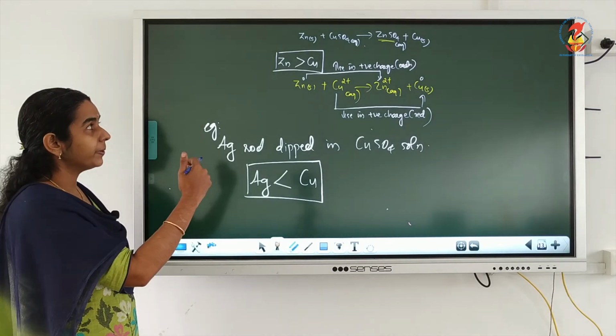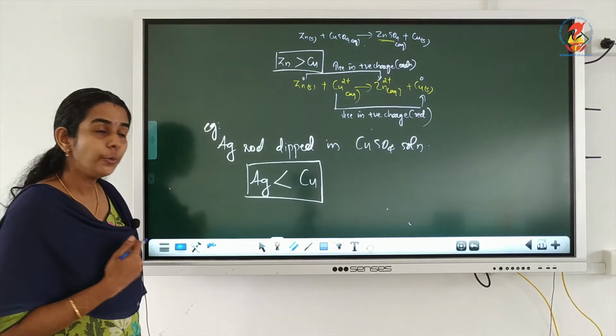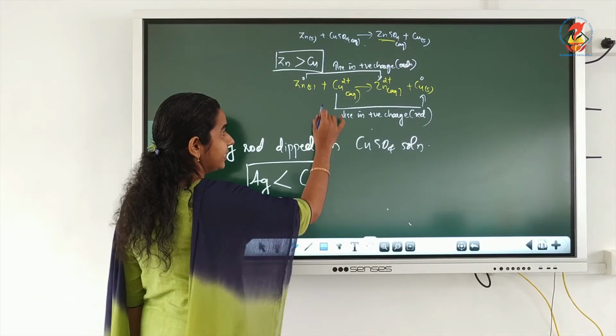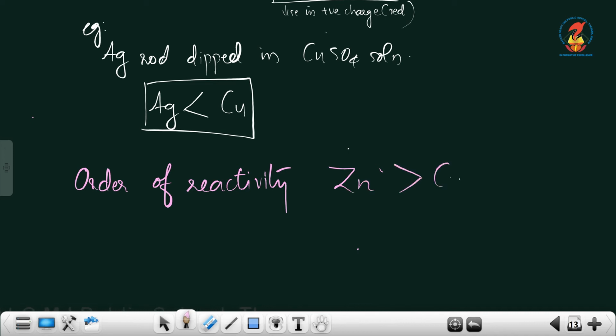If we compare the reactivity of zinc, copper and silver, how can we write the order of reactivity? The most reactive species is zinc, then comes copper, then comes silver.